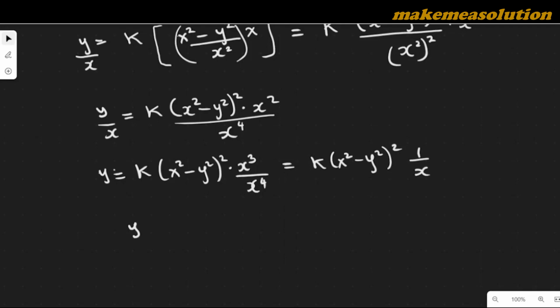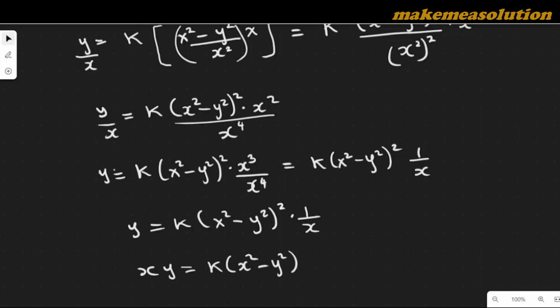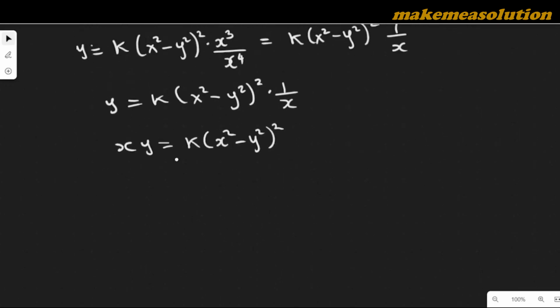So you can as well see xy is equal to k times x squared minus y squared all squared. And finally, to wrap things up, you can see xy minus k into x squared minus y squared all squared is actually equal to 0.